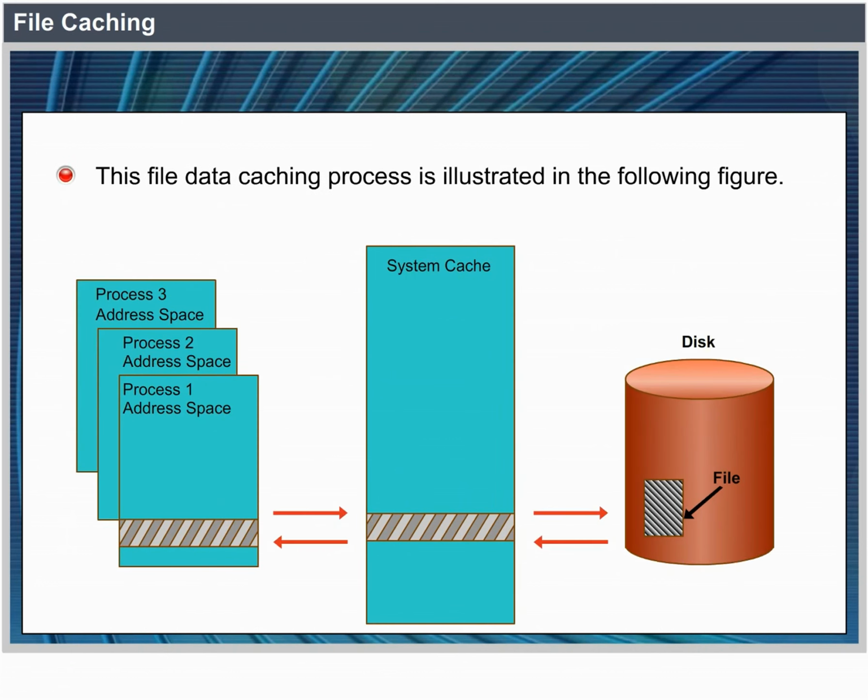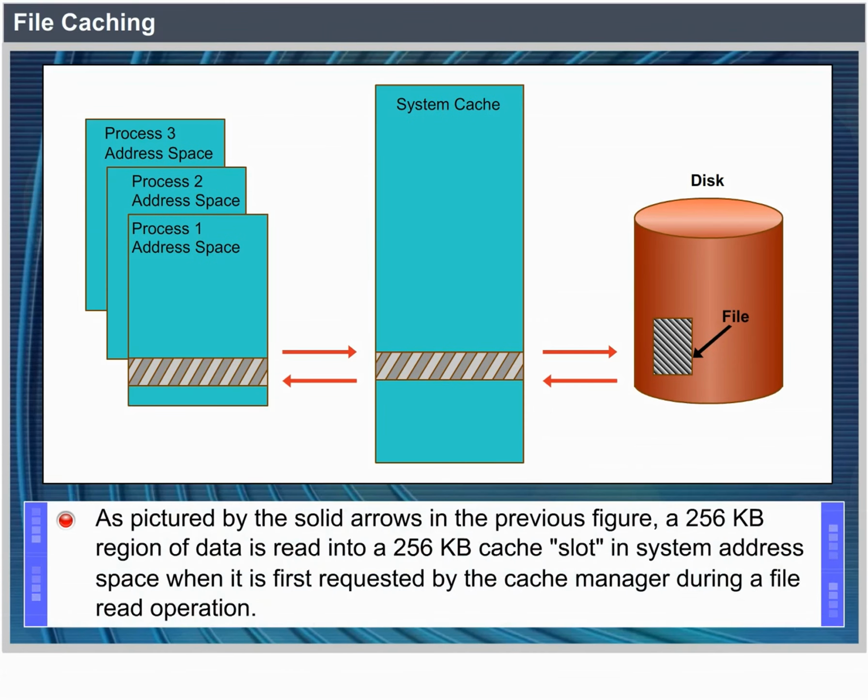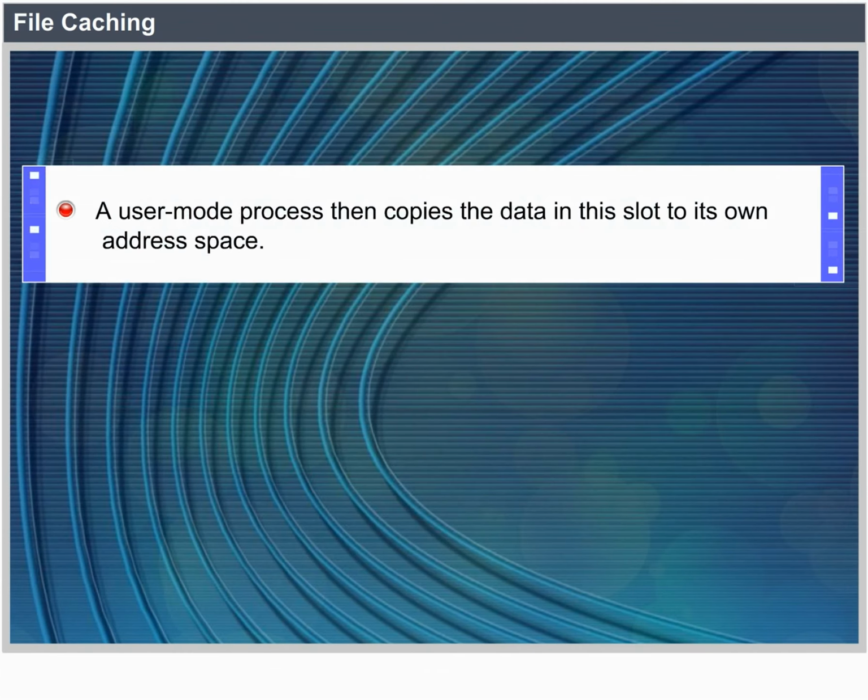As depicted by the solid arrows in the previous figure, a 256 KB region of data is read into a 256 KB cache slot in system address space when it is first requested by the cache manager during a file read operation. A user mode process then copies the data in this slot to its own address space.